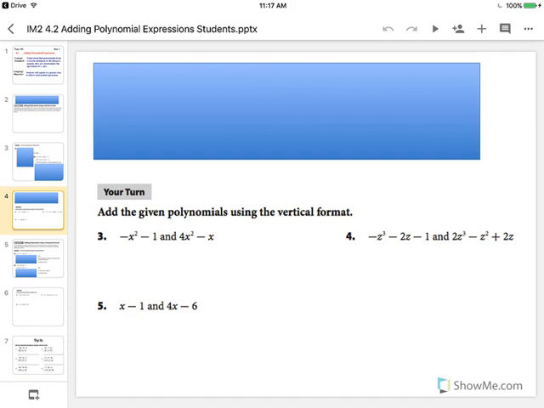So for number 3, we have negative x squared minus 1 and 4x squared minus 1. Right, so we want you to use the vertical format.